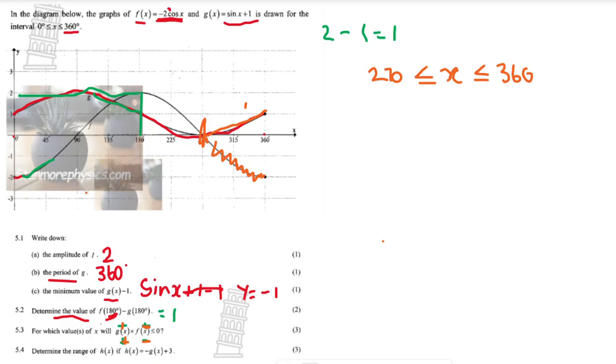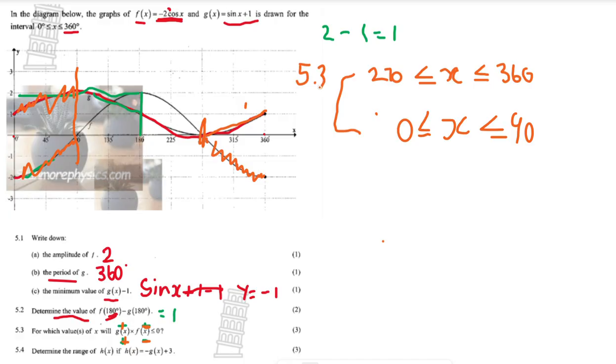Then our second scenario is from here, where our g graph is positive while our f graph is negative. The second scenario is from 0 to 90 degrees. So these are our two answers for 5.3.